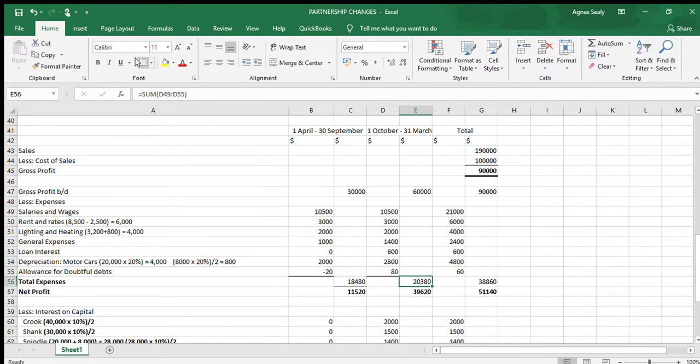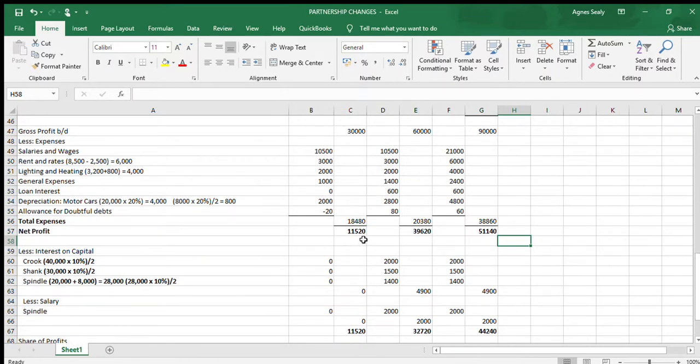So doing a little formatting here so that you can see where the totals are clearly. And we see that we are subtracting from there.